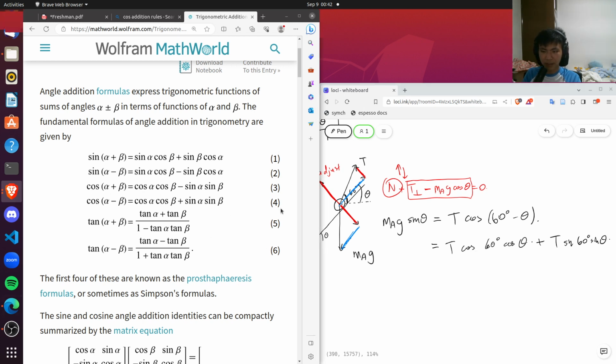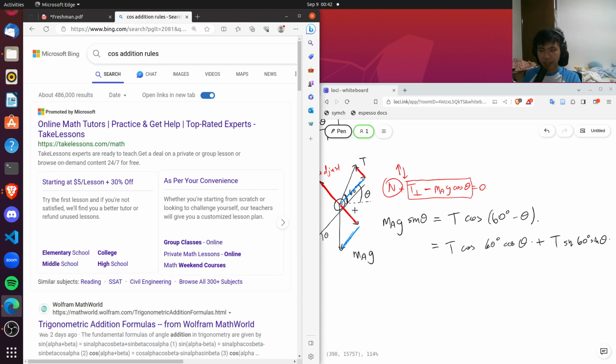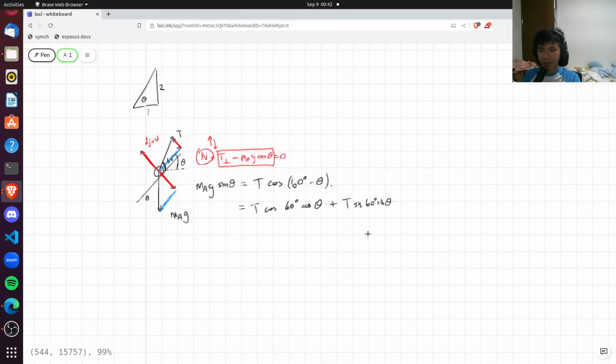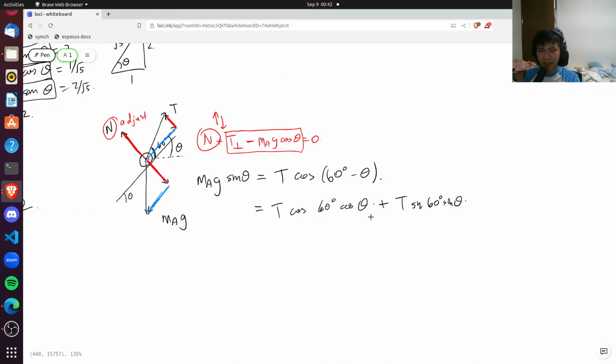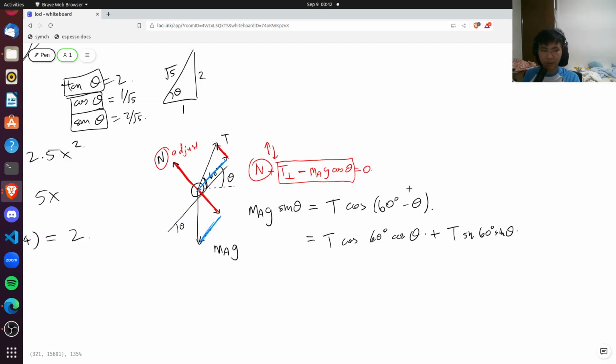I'm using the fourth rule over here. The reason why I want to do that is because we know exact values for cosine 60 and cosine theta, and hence we never need to calculate things numerically.